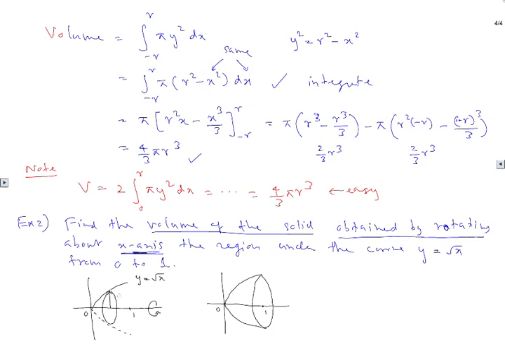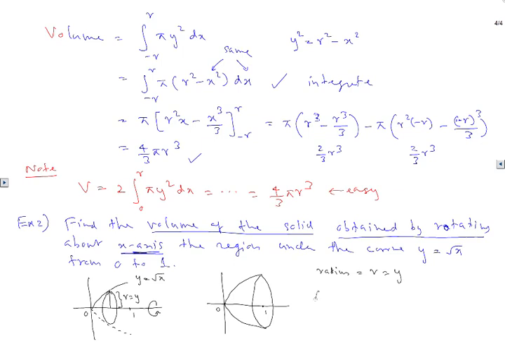What you need is the radius, which is equal to the y coordinate, as before. So we have everything we need. The radius r is equal to the y coordinate.